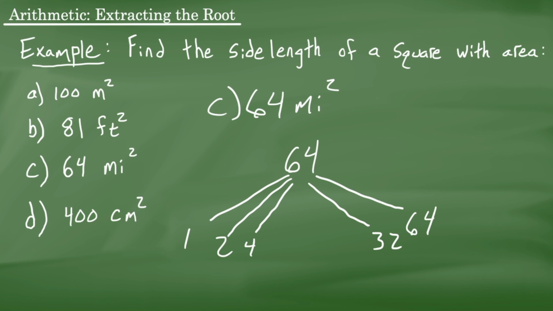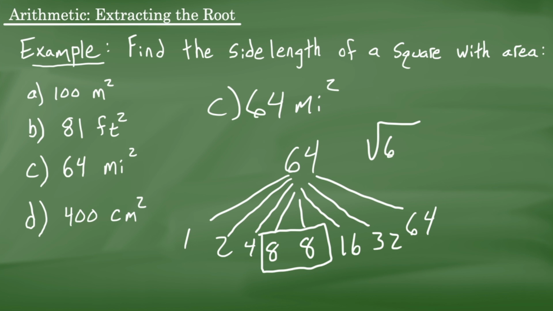Take another 2 out of that, you should get yourself 16. Take another 2 out of that, and you should get 8. The square root of 64, 8. So that would be 8 miles.